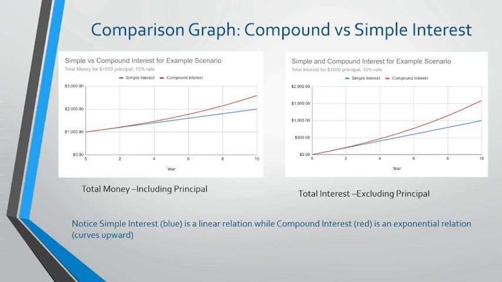I don't know the exact amount. Go back to the table if you want to see. But for simple interest, the total amount of money hasn't increased a lot. It's only increased by 1,000. Blue simple interest is a linear relation, while compound interest is an exponential relation.